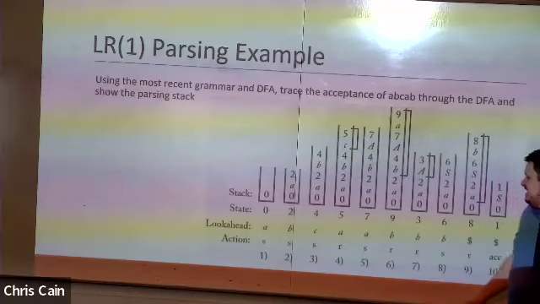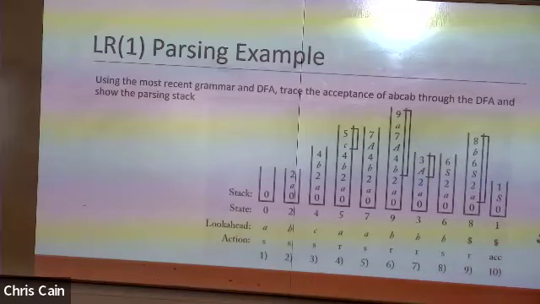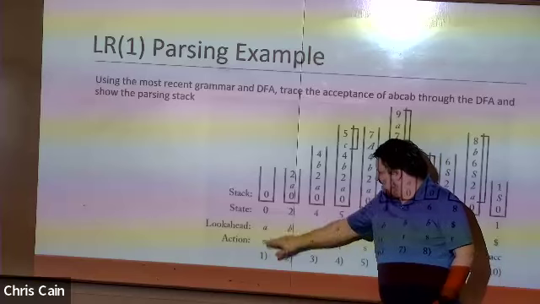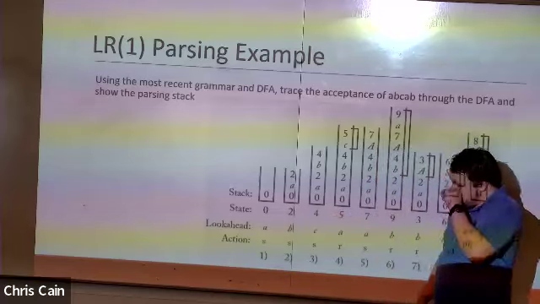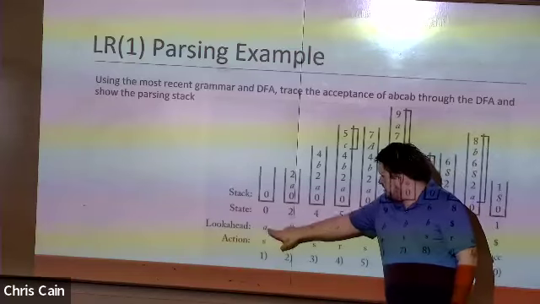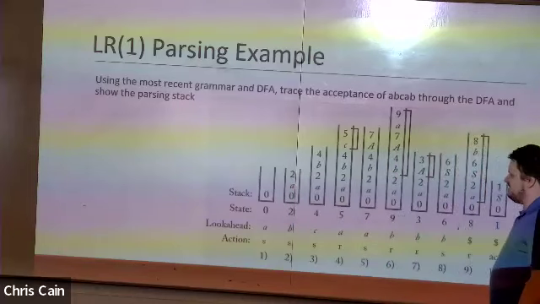So our single character look ahead, since it's an LR1, we're only using a single look ahead character. When we're in state 0, the look ahead is an A. So we shift the A onto the stack, which tells us that we move to state 2 in the DFA. So as we shift the A, we move to state 2. So we want to store A2 on the stack.